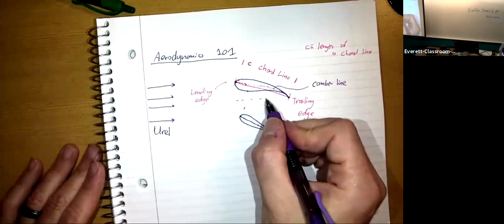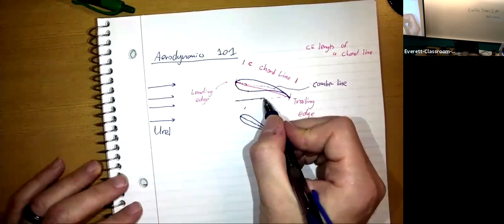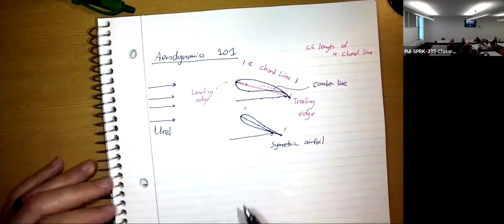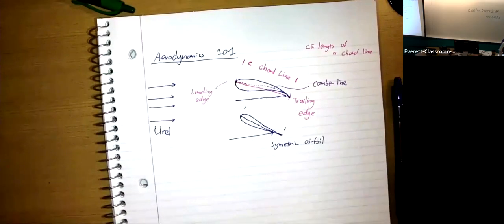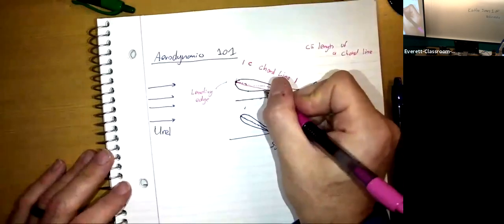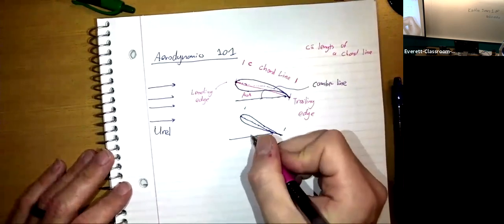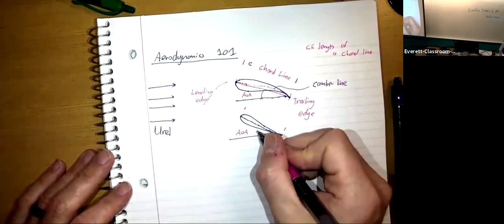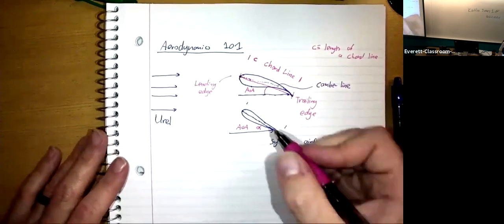The angle between the wind direction, the relative wind direction, and the chord line, and I've drawn this somewhat exaggerated, is called the angle of attack. And you either see it as AOA or you see it as alpha.